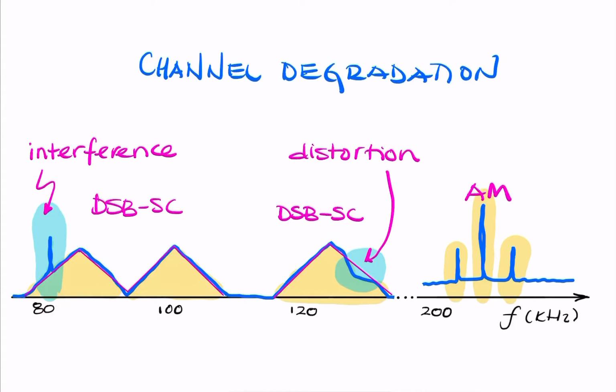And if we look at the final spectrum, the AM spectrum after 200 kilohertz, we have a carrier component, an upper sideband, and a lower sideband. But here, this is what we call white noise.